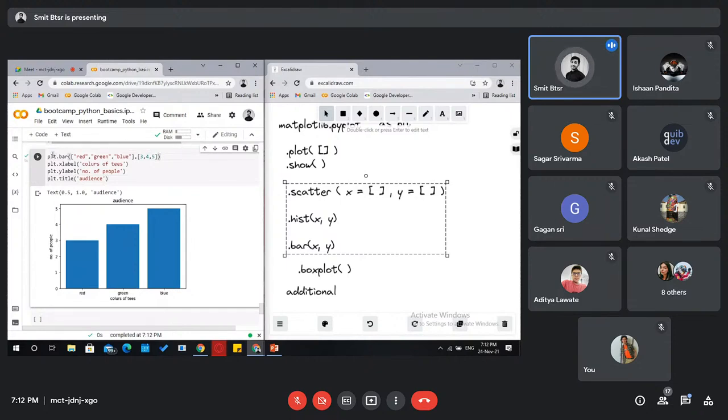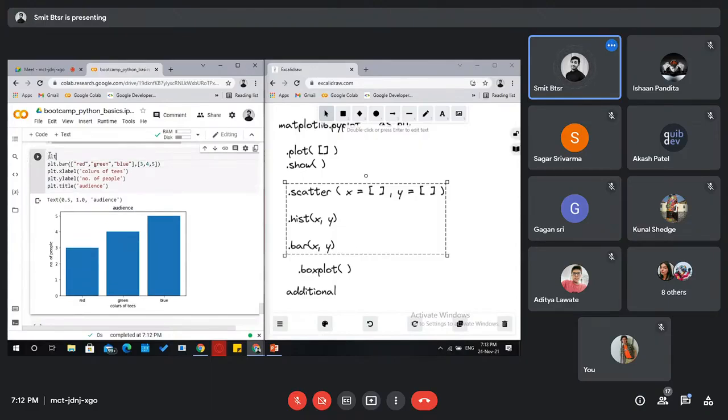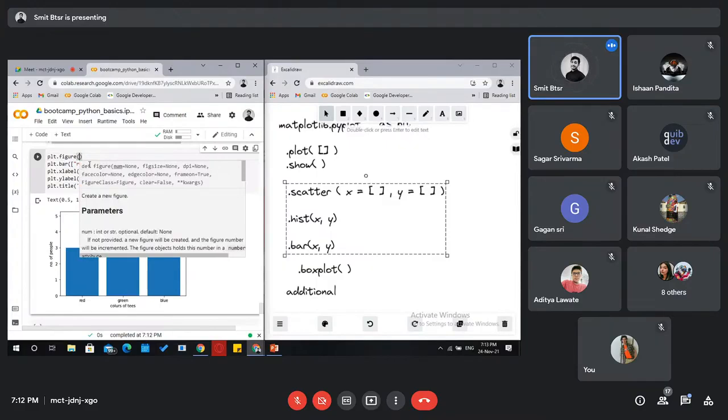I will do it here. For plotting, we use the figure method, figure and then round braces. Inside that we can specify the figure size.